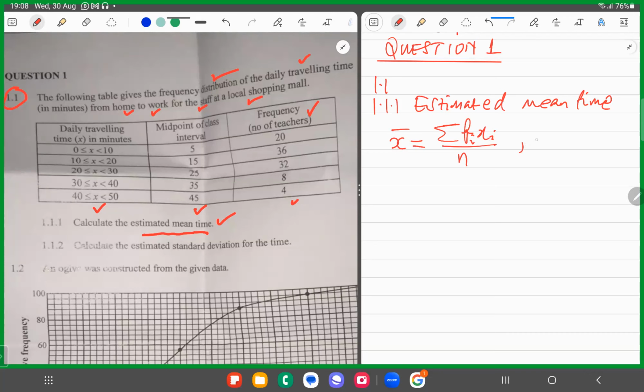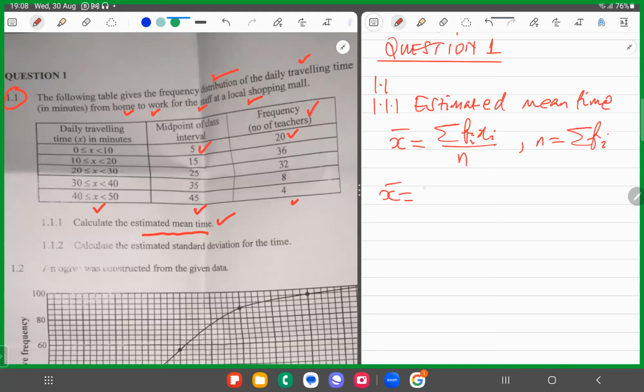This n is actually the sum of the frequencies. Now we do it together. You need to focus on the class midpoints and the frequencies, and you multiply everything.